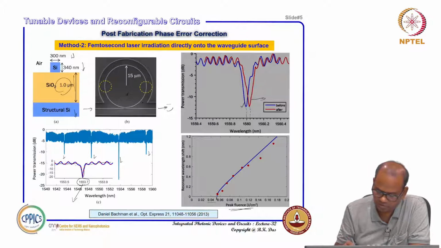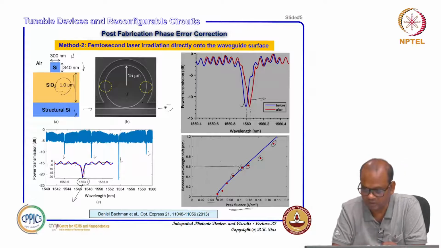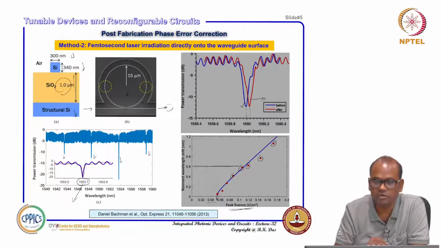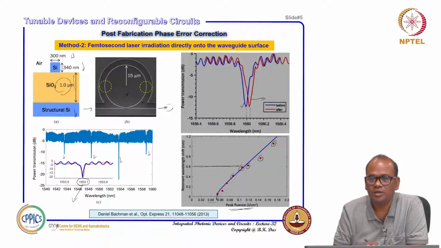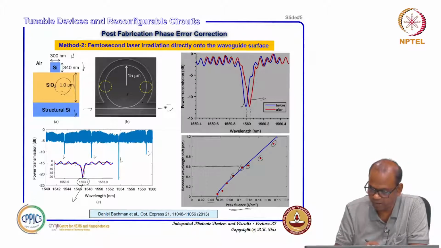And then you see the resonant wavelength shift. It starts shifting. These dots are the experimental results as a function of fluence, and this curve is some kind of theoretical model they could fit. So suppose I want to shift the resonance wavelength by, for example, 0.6 nanometer, because I need a detuning of 0.6 nanometer after fabrication due to fabrication error.